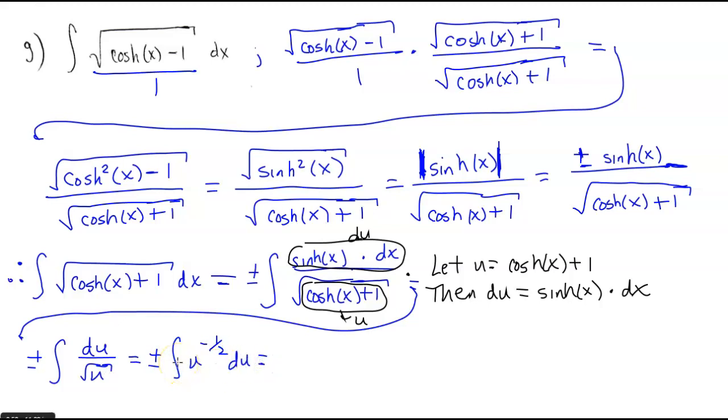And then we'll just take the antiderivative of that, which will be u raised to the negative 1/2 plus 1, divided by the same, plus constant. And we know negative 1/2 plus 2 over 2 is just going to be 1 over 2, and the reciprocal of 1 over 2 is 2.